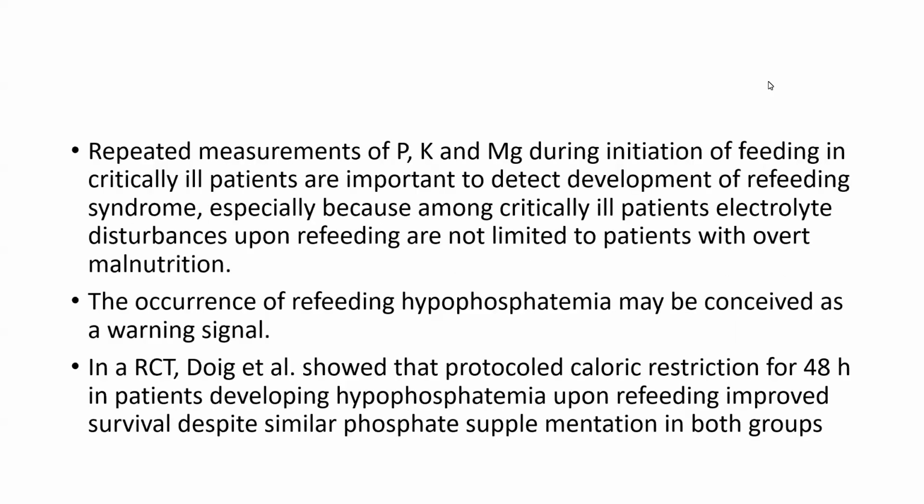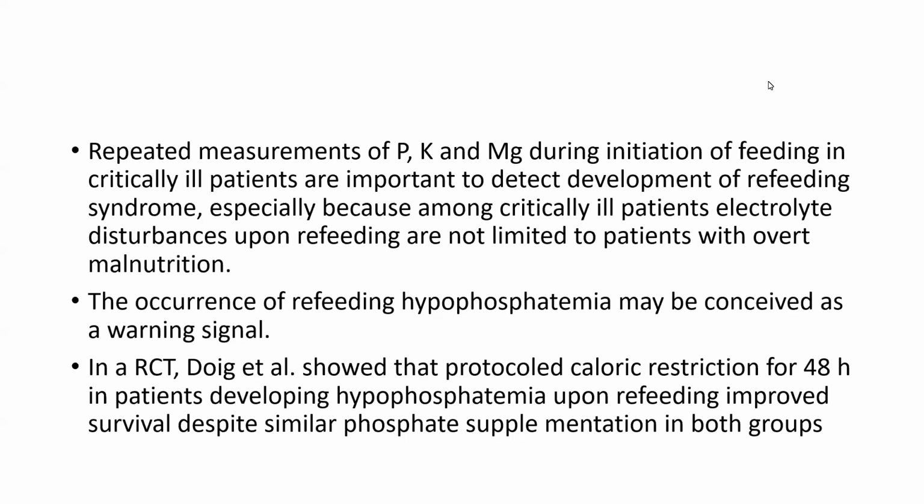Repeated measurement of potassium, phosphate, and magnesium during initiation of feeding in critically ill patients is important to detect development of refeeding syndrome, especially because among critically ill patients, electrolyte disturbances during refeeding are not limited to patients with overt malnutrition. The occurrence of refeeding hypophosphatemia may be considered a warning sign.